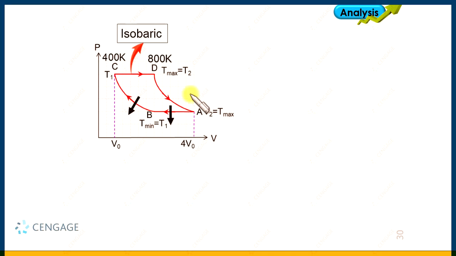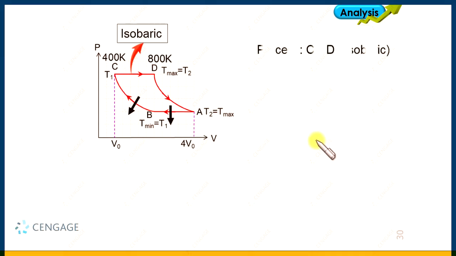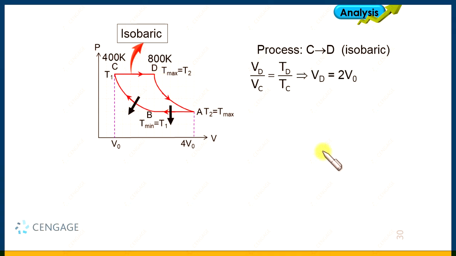Let us calculate the volume at this point, because we know PV equals nRT, and here P is constant, so V is proportional to T. The volume at this position is V naught and the temperature is 400 Kelvin; the temperature at this position becomes 800, so the volume should also double, that is 2 V naught. So we got the volume at this position.